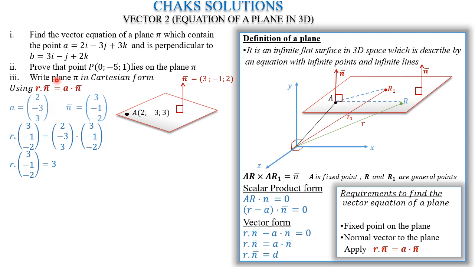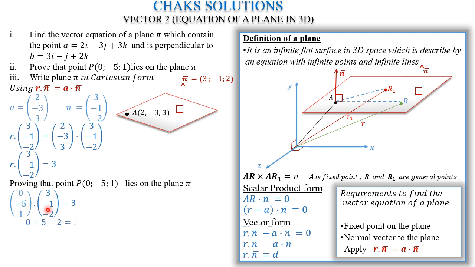Alright, then part 2, they are now saying prove that the point lies on the plane. To prove that the point lies on the plane, we just need to test for the consistency of this point. So we substitute the point for r. r is just the general point, which is (x, y, z). So we are putting our point (0, -5, 1) into the plane.